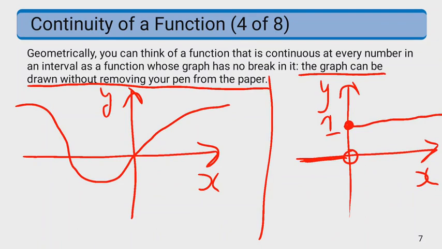So if we try to trace this function, you can see when you start from the left, you go over this function. But when you get to 0, it's very difficult to continue drawing without lifting the pen. So you need to jump. Now you jump to 1 and then you start drawing again. You start tracing the function again all the way.